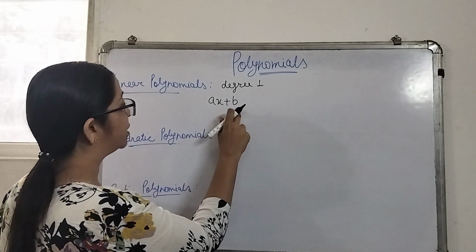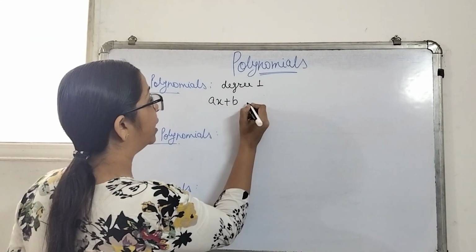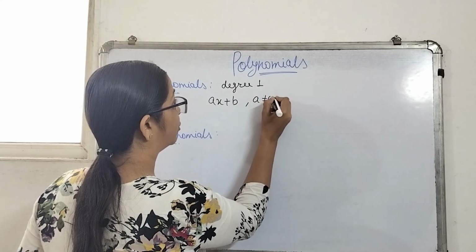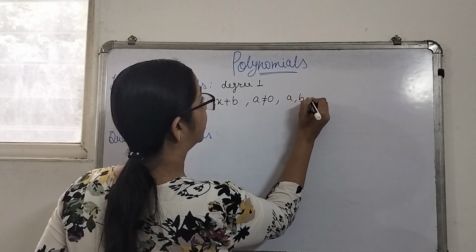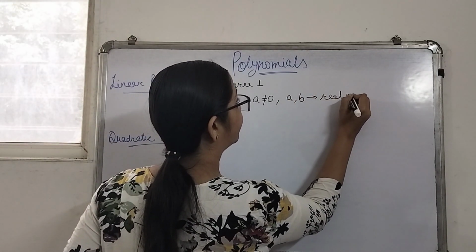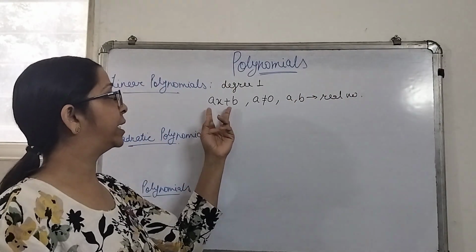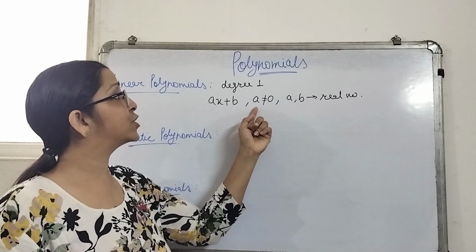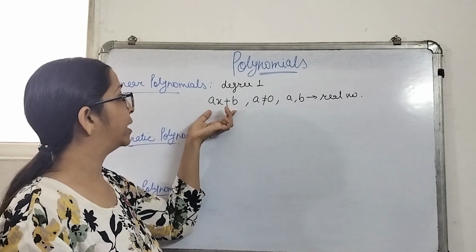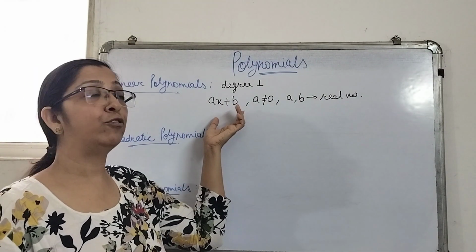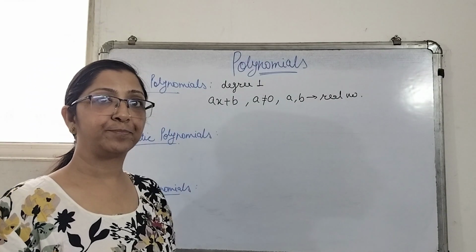If a and b are any real numbers and a is not equal to 0, then ax plus b is the general form of linear polynomials.